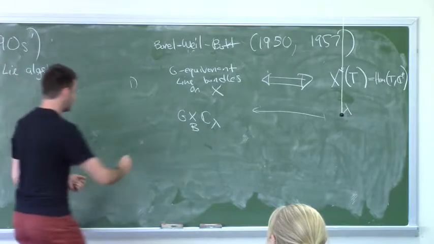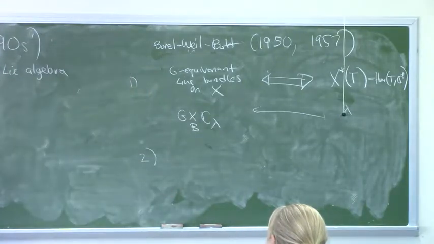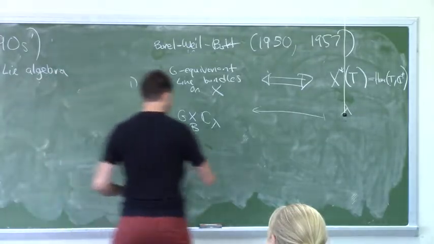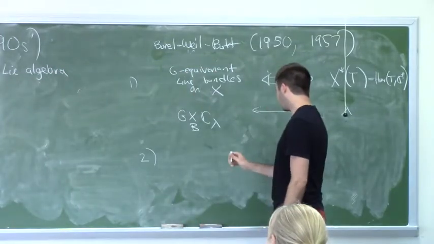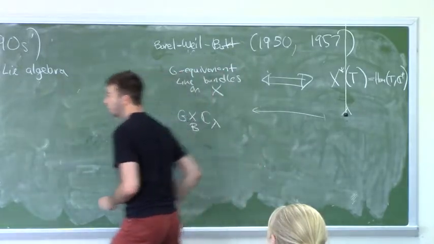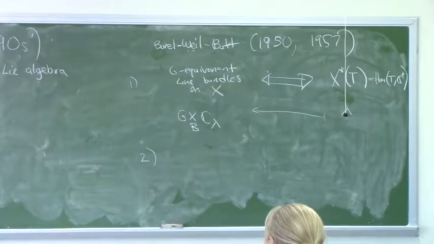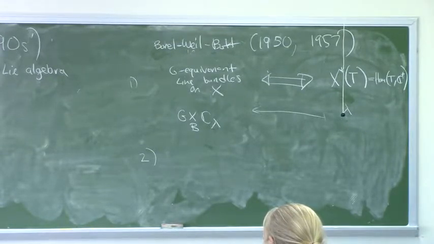And then the second bit of the theorem is a little bit of a pain to state, or at least a little bit more so. First I'm going to need a little bit of terminology. So inside of H, there is the root system.